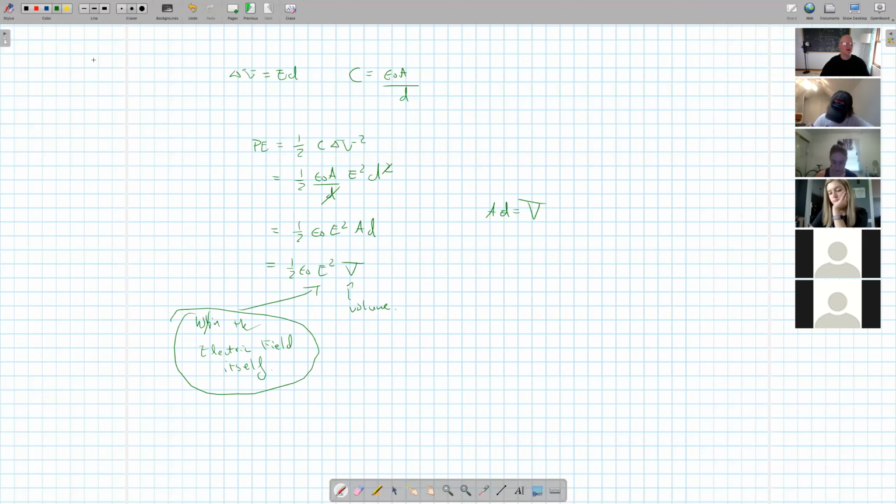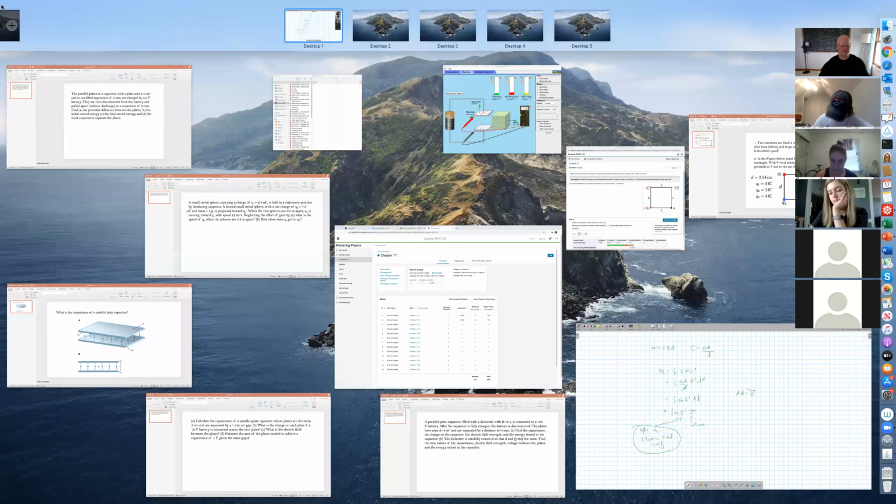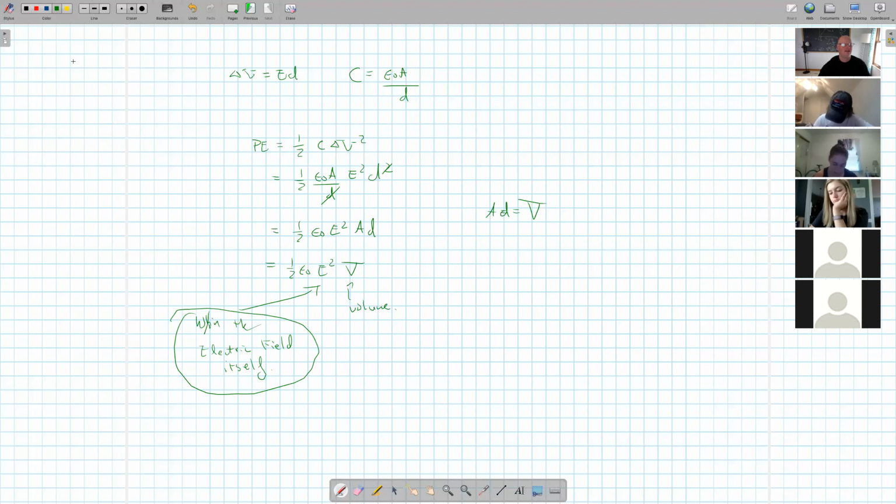Now, typically with this one, we define something else. That something else is what's known as the energy density. So let's define the energy density. Energy density is equal to little u, where little u is the potential energy per unit volume.